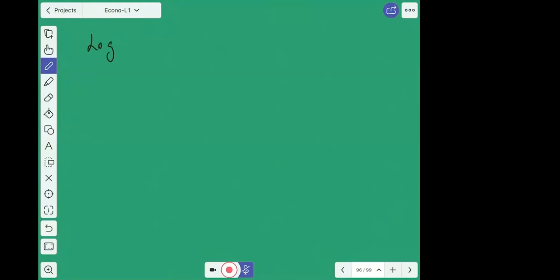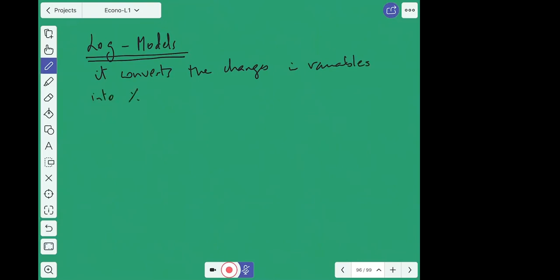Let me start from here. The main use of log models is that they convert changes in variables into percentage change.